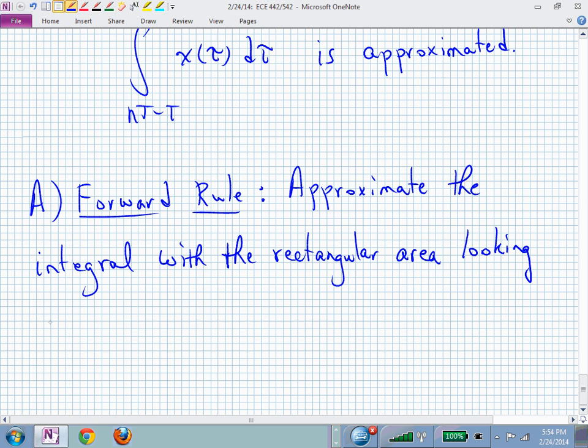Looking forward from the instant of time, the value x of (n minus 1)T at the time (n minus 1)T.